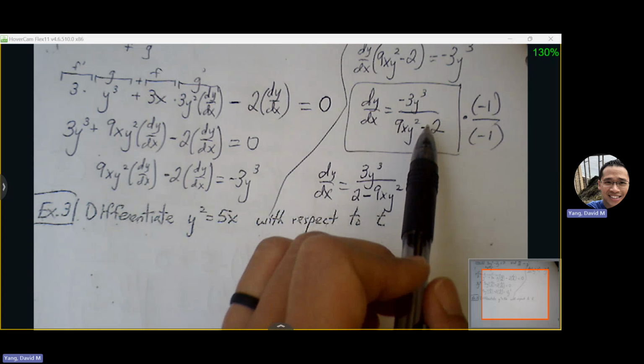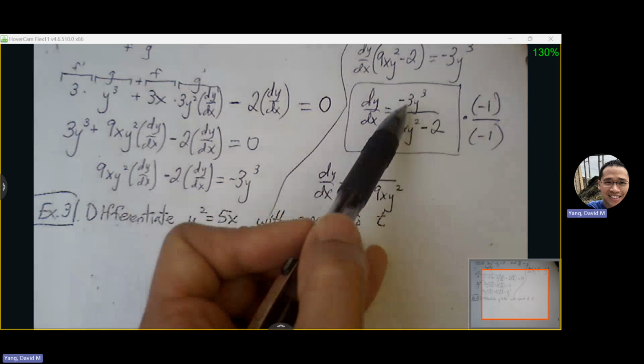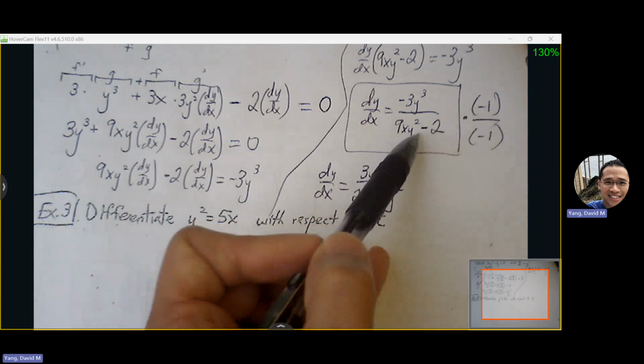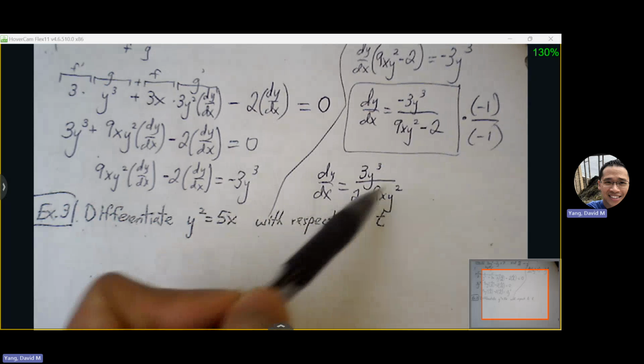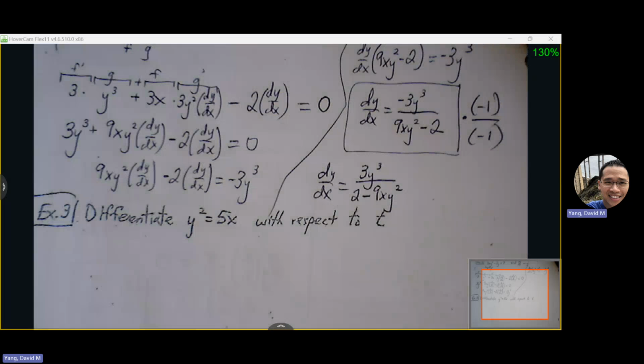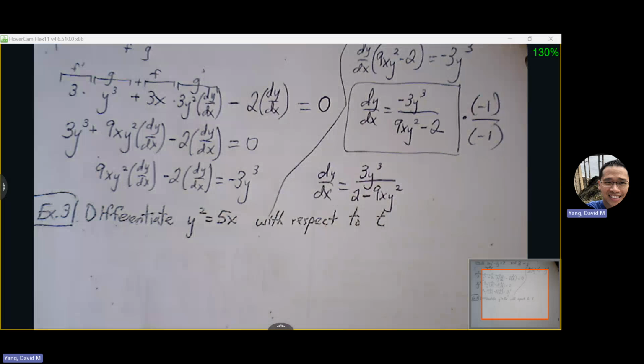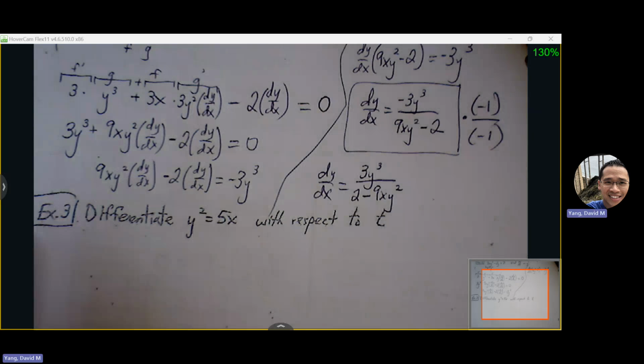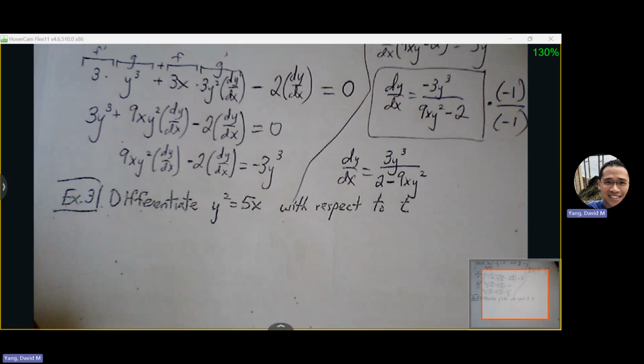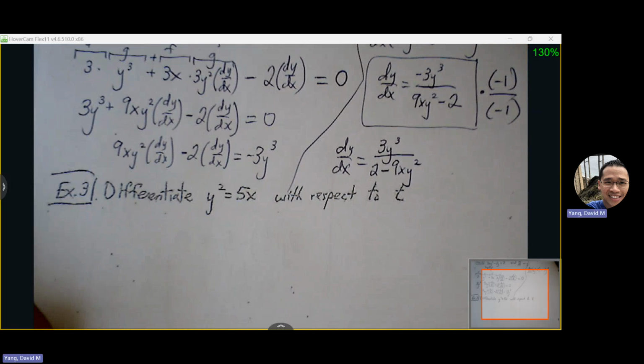So if you want to create a different version of your answer, just multiply your numerator by -1 and your denominator by -1 and see if that will allow you to spot the variation that's showing up in the answer choice. But if it's free response, you can leave your answer in this form or this form. The graders will have to accept both versions. But this is really only for if you're trying to match your version with the answer choice's version.